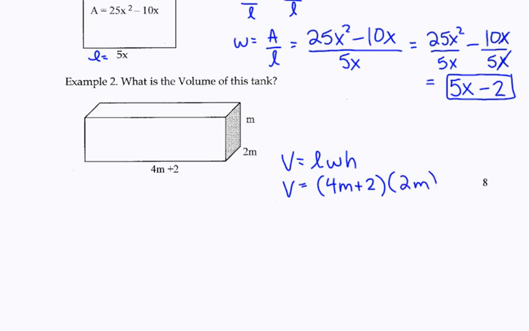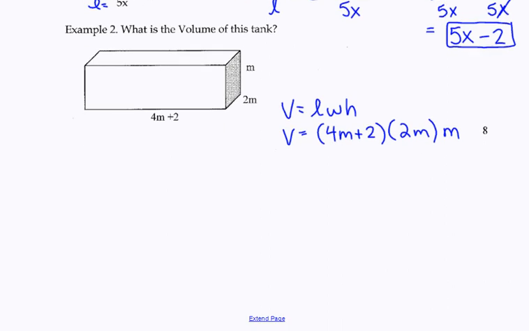Now when we multiply, we can only multiply two things at a time. If I was multiplying 2 times 3 times 4, you could go 6 times 4, or you could go 2 times 12. We multiply two things at a time. So which two can we multiply together first? 2m times m is 2m squared.